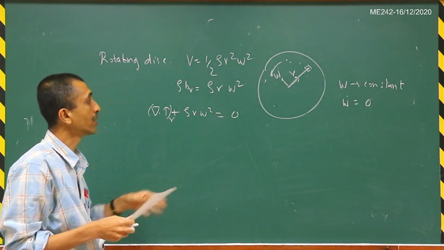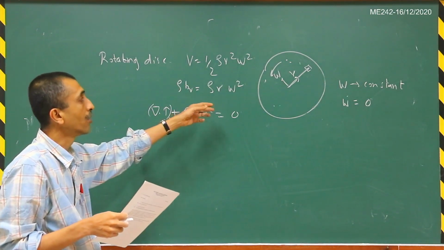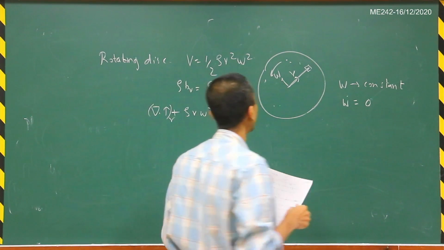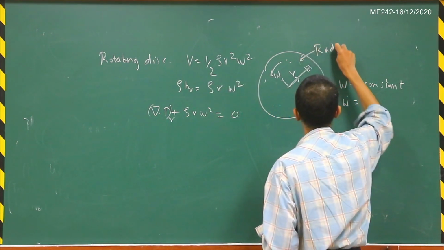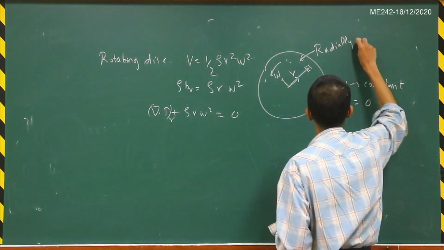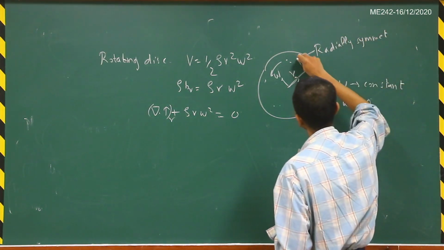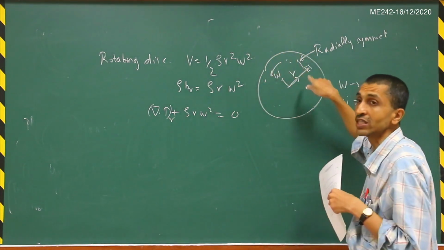So we are going to assume this disk to be thin, and so we can apply the plane stress assumption in this particular case. And also it is a radially symmetric problem, in the sense that there is no displacement in the theta direction, because we are assuming that it has reached some steady state.